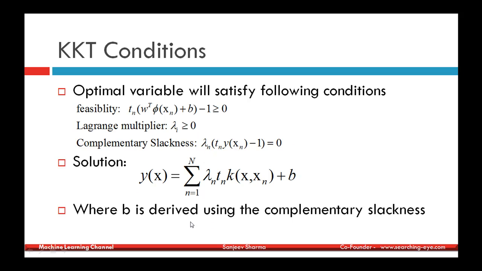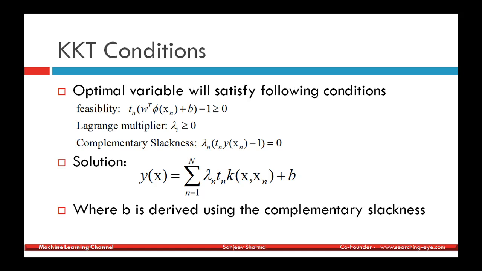And here is the decision rule: y of x is equal to the sum over n from 1 to n of lambda n times Tn times k of x comma xn, plus b. As we can see, if a point in the training instances is not a support vector, then lambda n will be 0 and that point will play no role in the decision making, and therefore that point can be discarded.